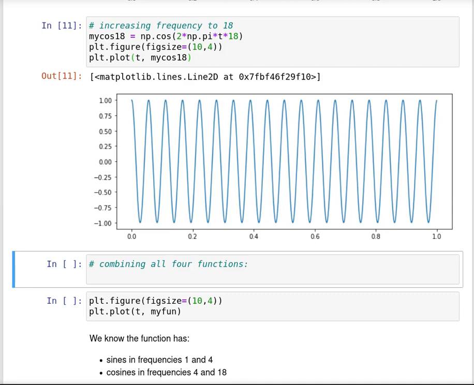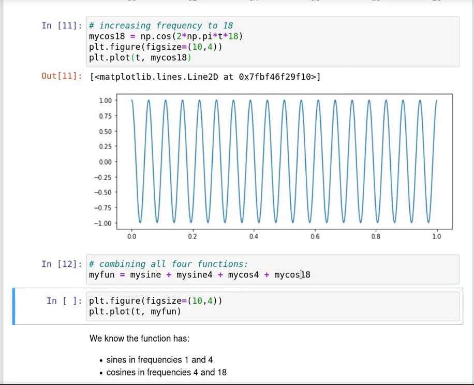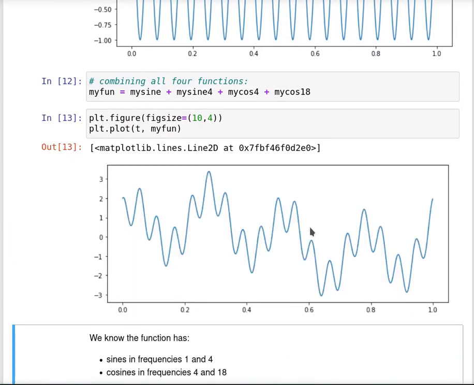Now I'm going to combine all 4 functions to produce one new function. So I'm going to say that my new function is a sum of the sine at 1 hertz, at 4, and the cosines at 4 and 18. Let us plot this figure.